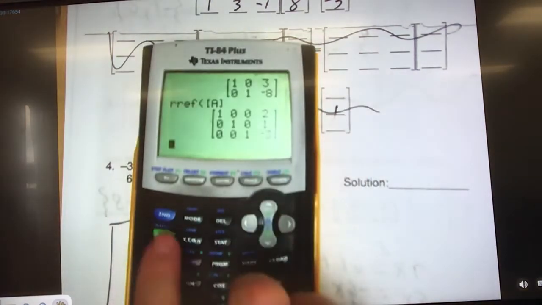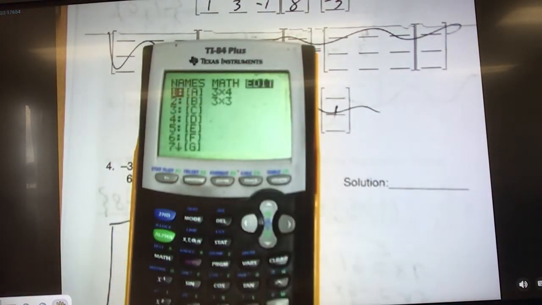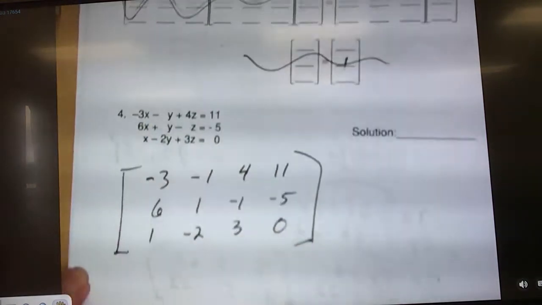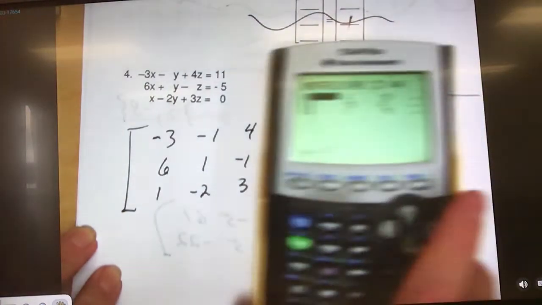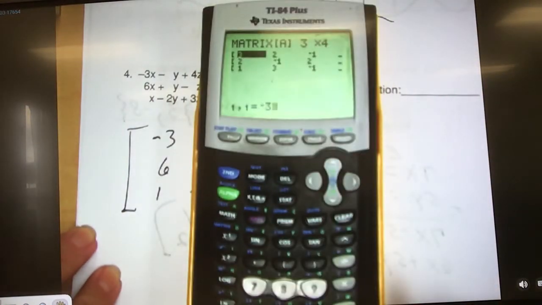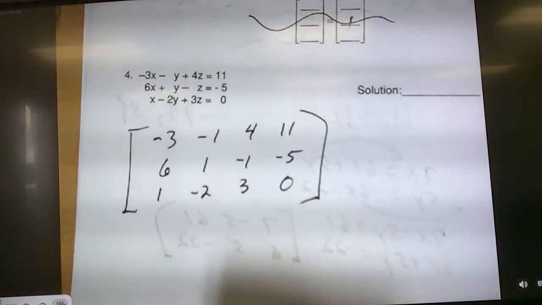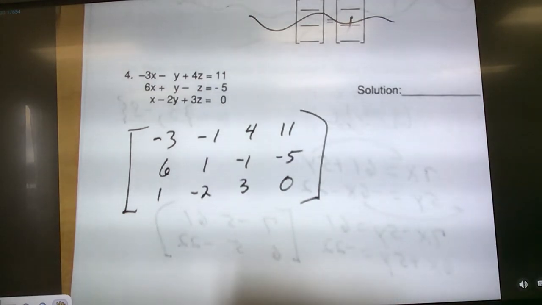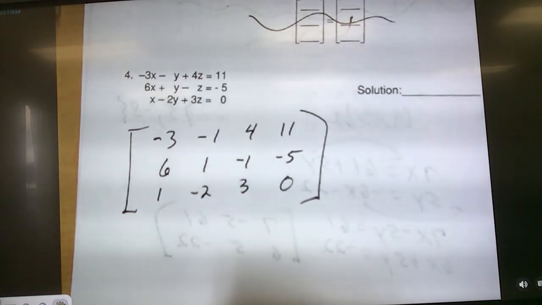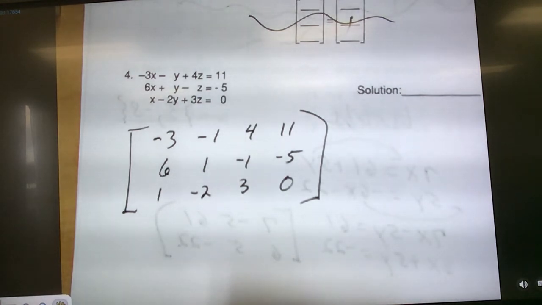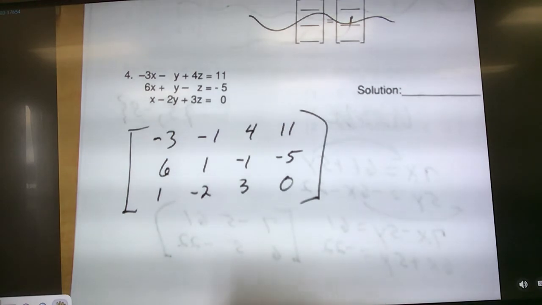So I go into my calculator, go over to edit. Number 1 is already set up for a 3 by 4. Just put in my new numbers. -3, -1, 4, 11, 6, 1, -1, -5, 1, 3, 0.